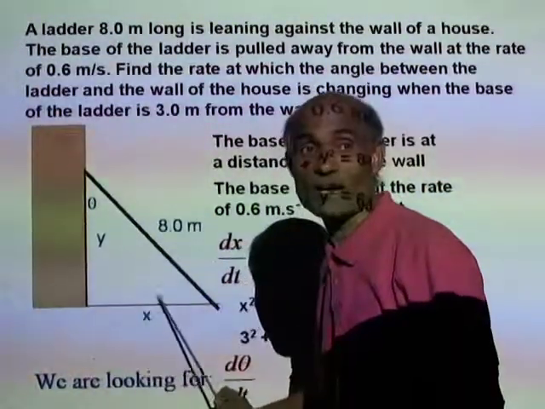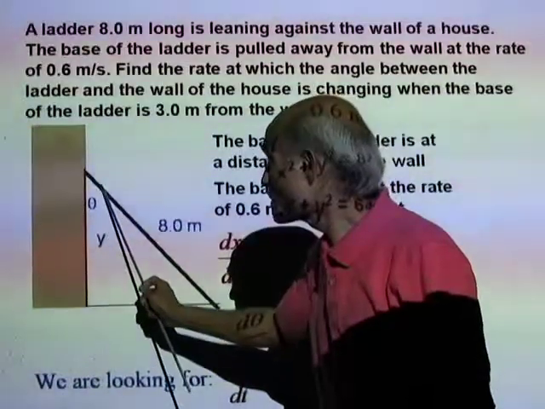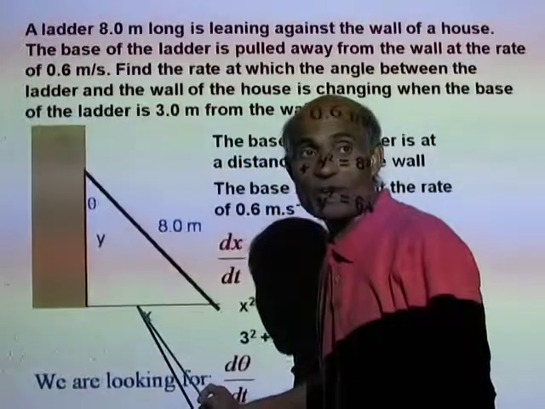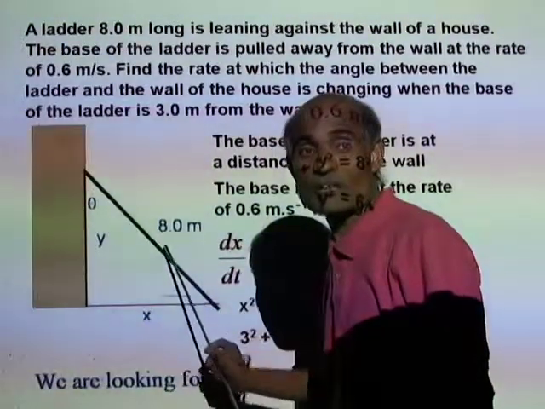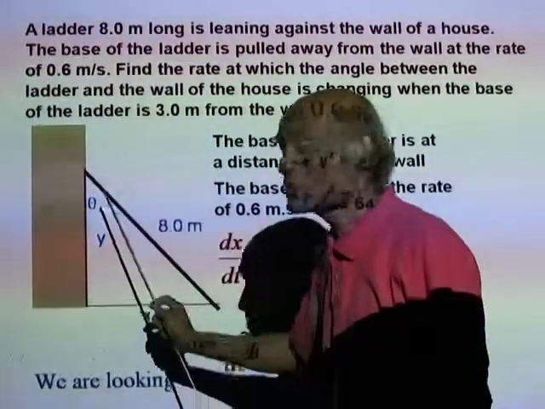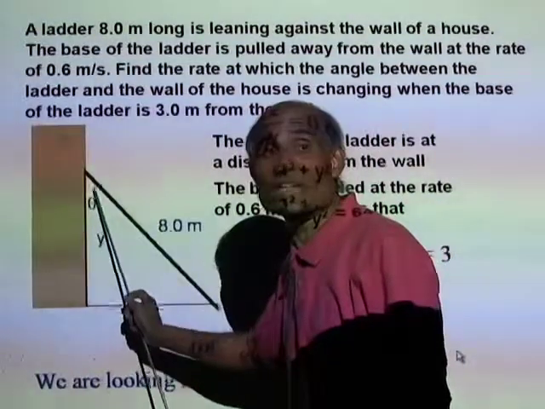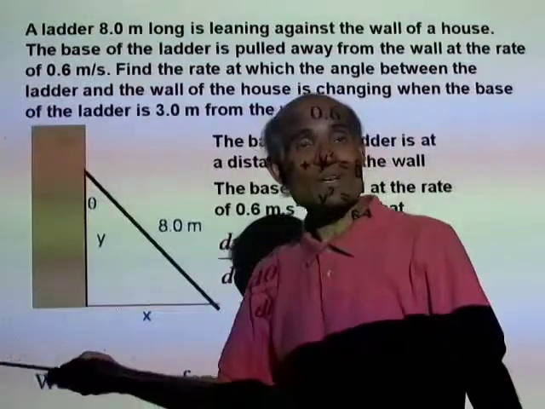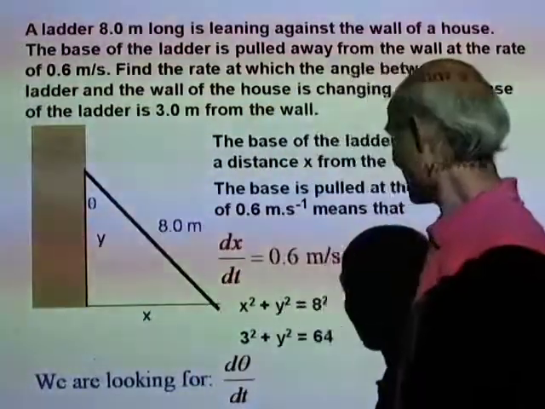This is a right triangle, and this is an acute angle. X is the opposite side. The length of the ladder is the hypotenuse. So sine of angle theta is x over 8. Is that right? Yes.